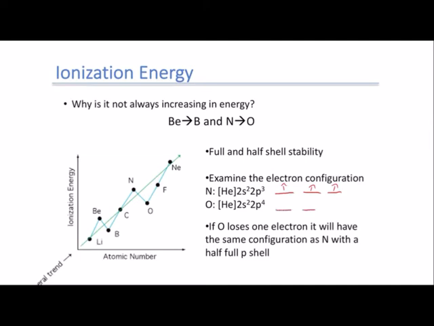Oxygen, on the other hand, has 1 that's paired up. If I get rid of that 1 electron, then I have a half-filled shell, slightly more stable. So that could be why oxygen is easier to ionize with the first ionization energy versus nitrogen.